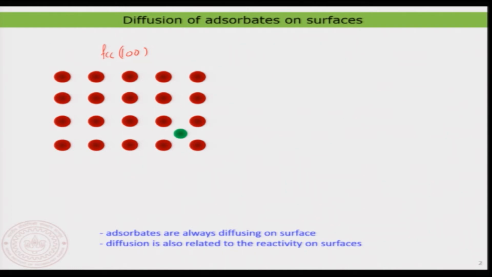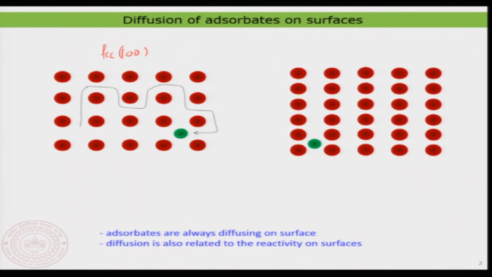Now, let me also show you this, which tracks the adatom movement. You see it started from one given position and ended up in a completely random position elsewhere. This process keeps on continuing. That is the interesting thing.